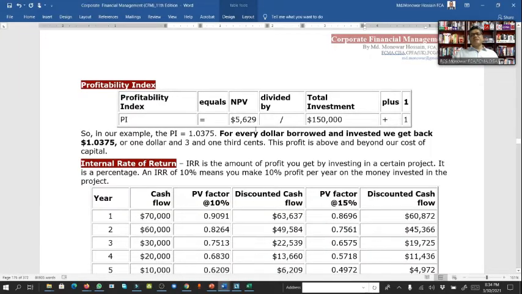Now, profitability index. We can calculate it in two ways: first by the present value, and also through the net present value.